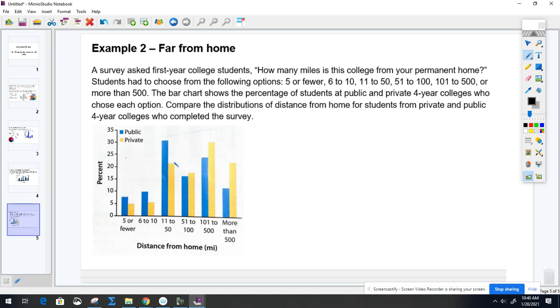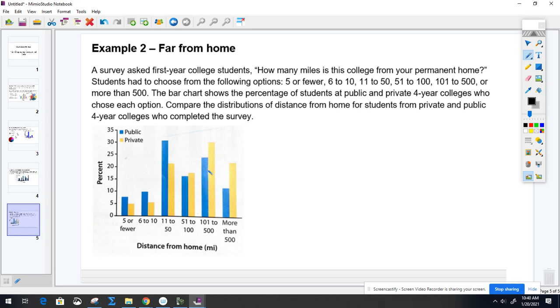So you can see that public schools under 50 miles are actually closer to their home. When it comes to private schools, once we get above 50 miles, you can see that the private school students are further from their home.